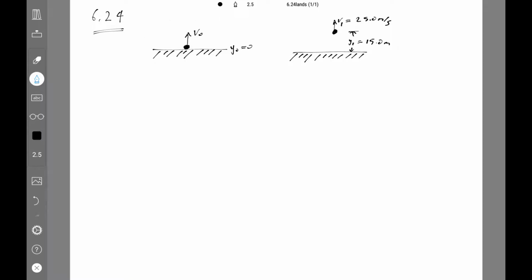So think of this as the initial state of the rock, and here's a final state. What describes the initial state is going to be an initial kinetic energy.